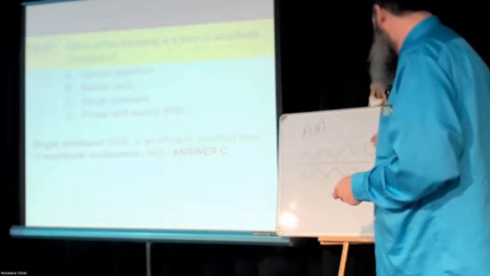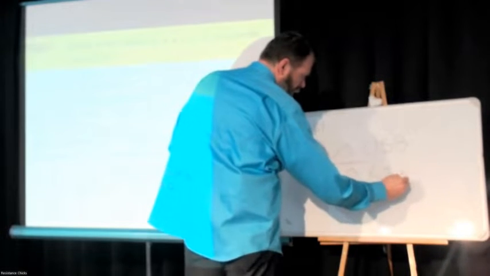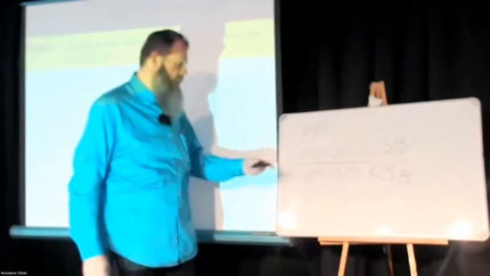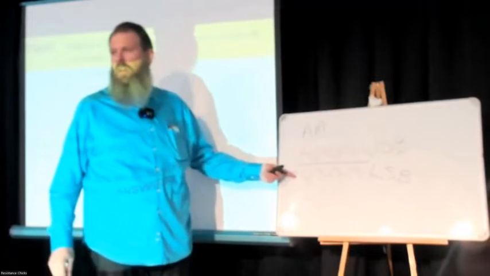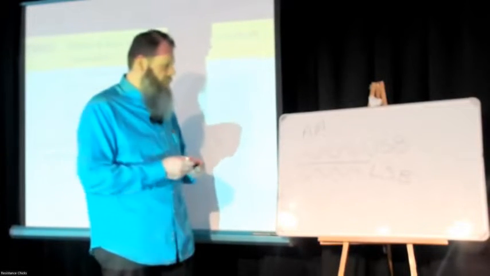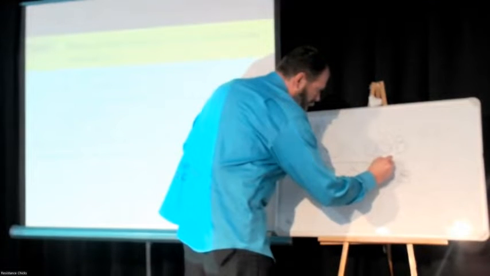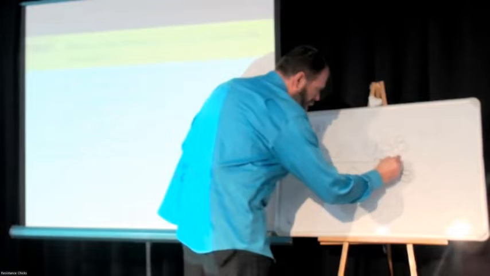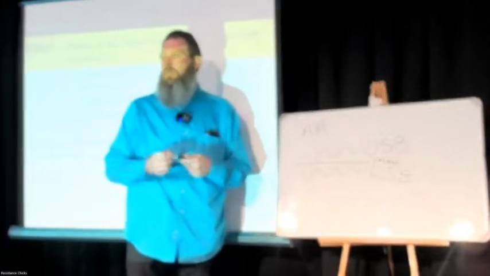This would be your upper sideband, and this would be your lower sideband, because this is above the carrier and this is below the carrier. This makes up an AM signal.